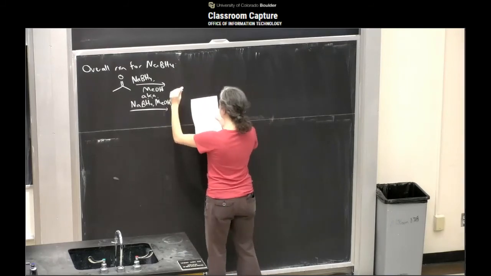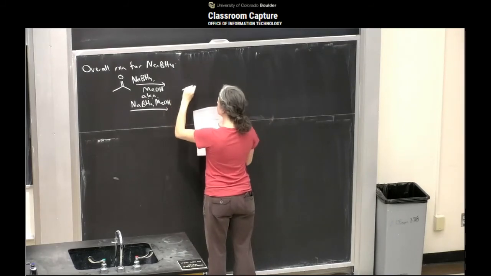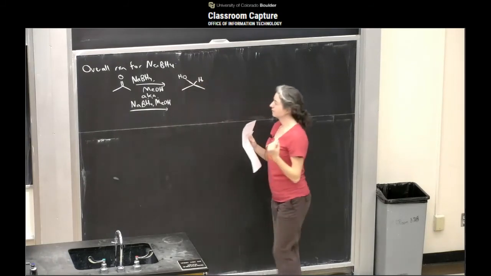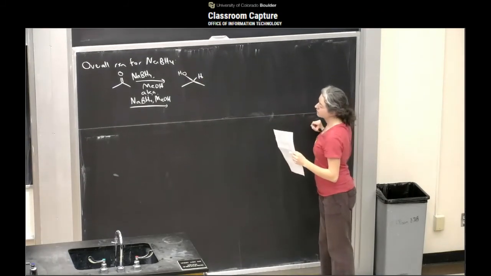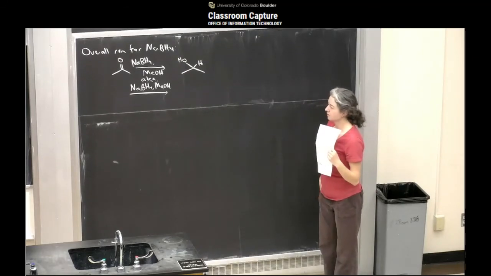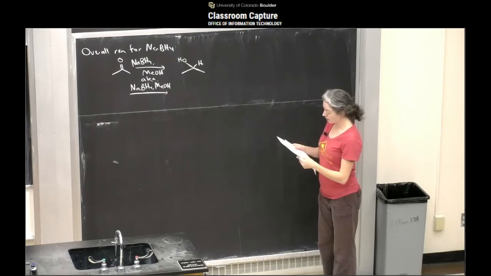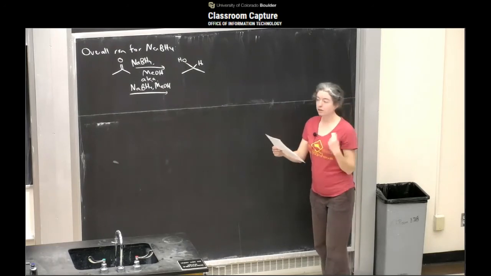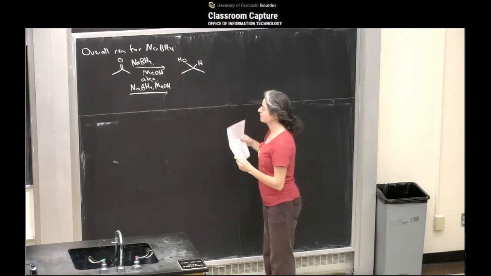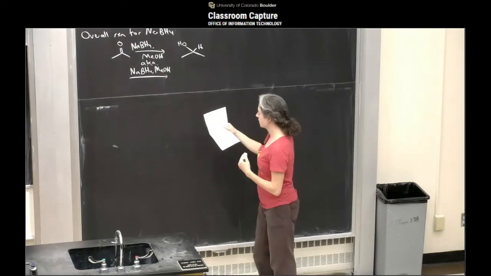Okay. So for sodium borohydride, it's just a nice, easy one-pot reaction. You just chuck it all in and it's done. But for lithium aluminum hydride, we got to keep it separate from our proton source. And so this is going to be a little bit more fiddly.